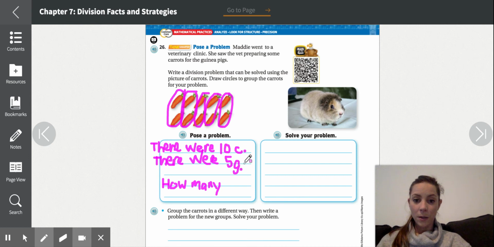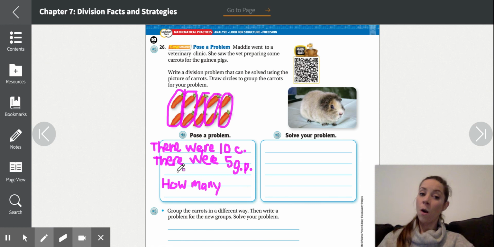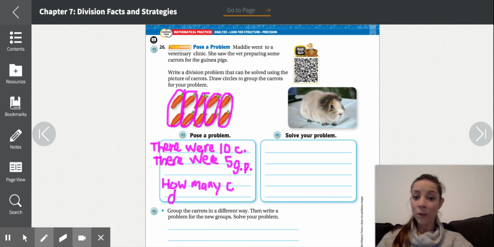G, P for guinea pigs. There were 5 guinea pigs to feed who all needed to be fed fairly. How many carrots did each guinea pig get? I haven't told them the number in each group yet. So that's the part that they need to find for me. How many carrots did each guinea pig get? And I'm going to end with a question mark.